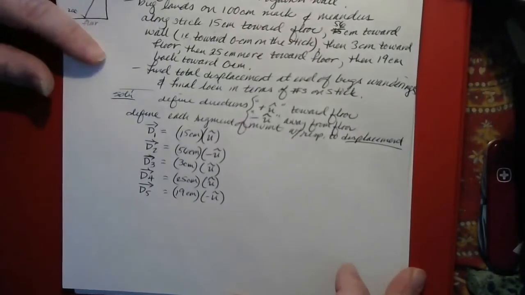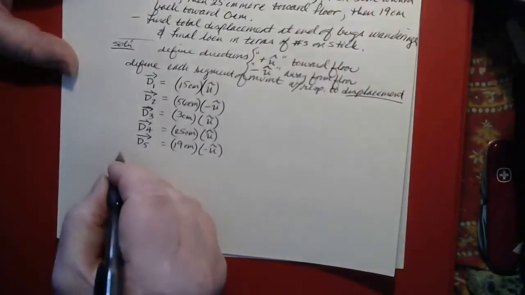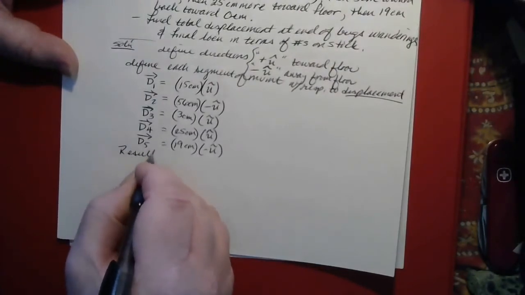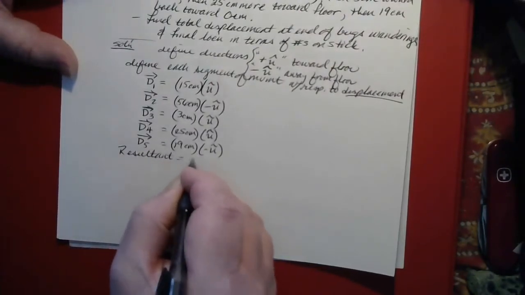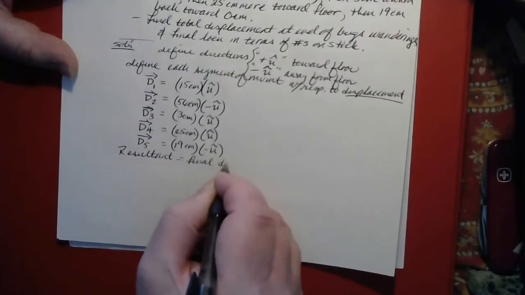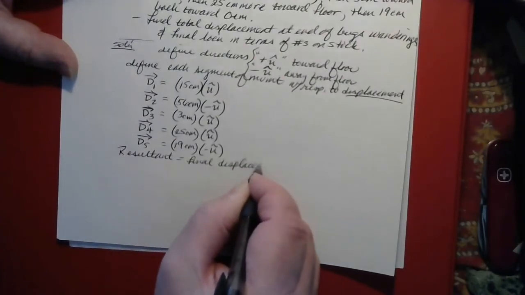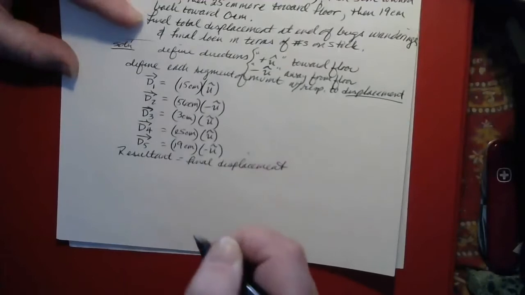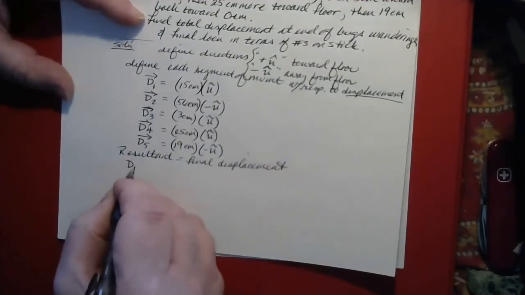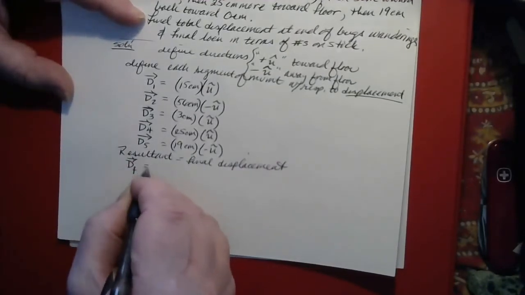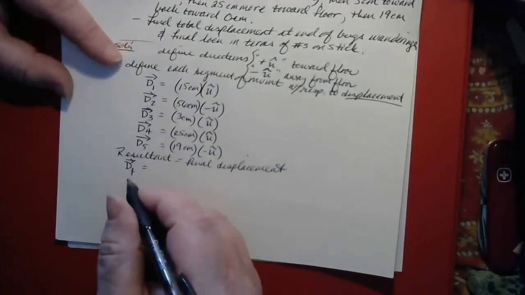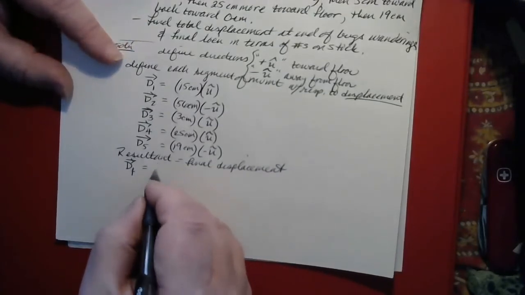The final displacement will be the resultant. And so our final displacement would be just the sum of all of the displacements that we have so far.